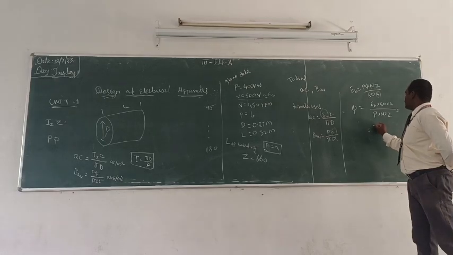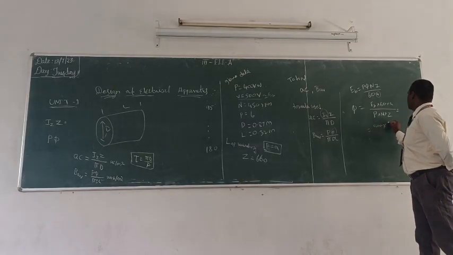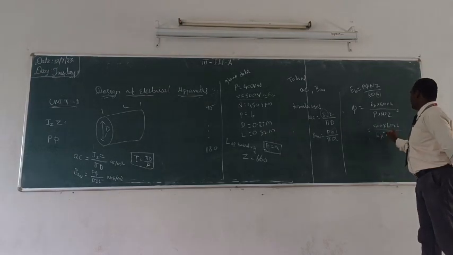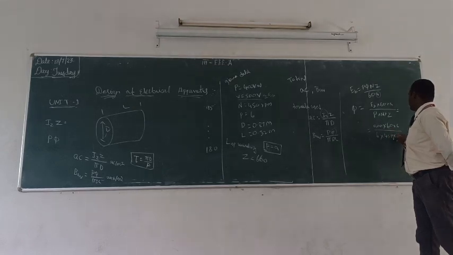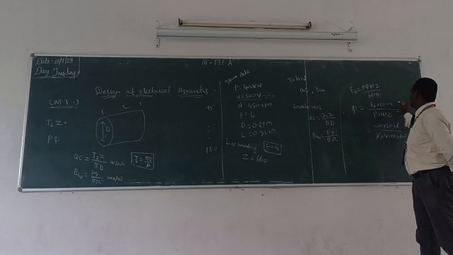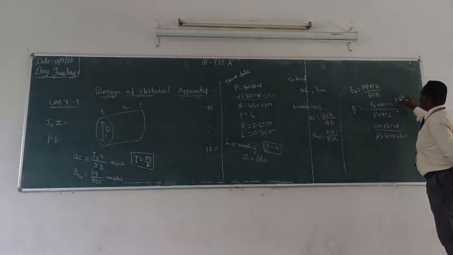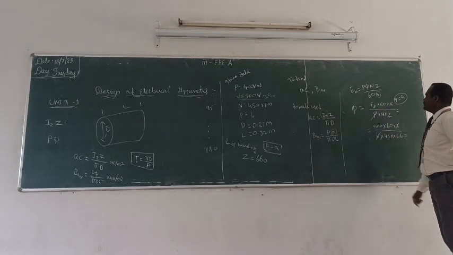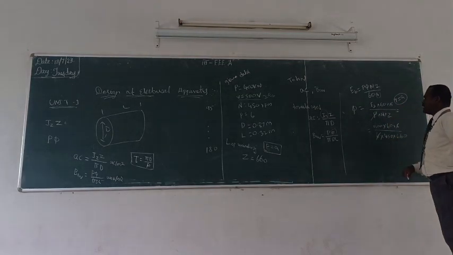The EB value is 500 into 60 into 6, divided by 6 into 450 into 660. Here itself you can write A equal to P, so because of lap winding we can eliminate the 6 from both.